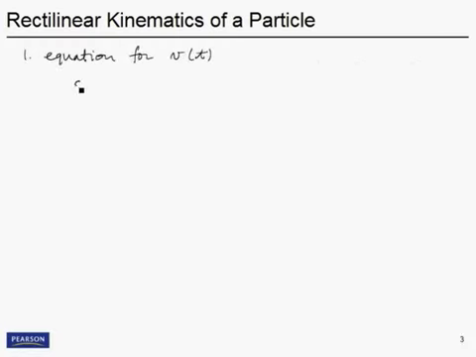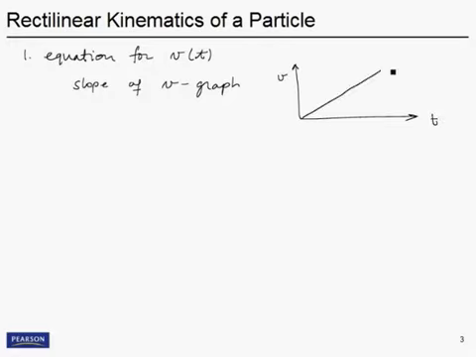So if we look at the slope of the V curve, we find that it looks like this. There's time, there's V, which comes up in a linear way up to there. This is 0.1 seconds, and this is 10 meters per second, so the slope is just equal to 10 meters per second divided by 0.1 seconds.